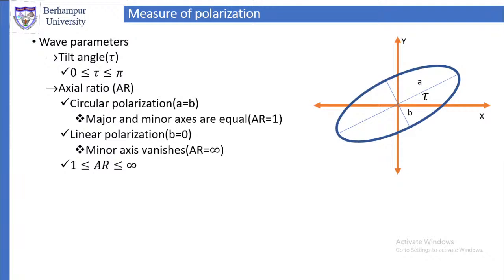These are given to us. This will be the tilt angle, this will be the axial ratio. Design a system for this. So the wave parameters are useful in designing a system, because the system will be required to give us the particular ellipse for which the tilt angle is fixed and the axial ratio is fixed.